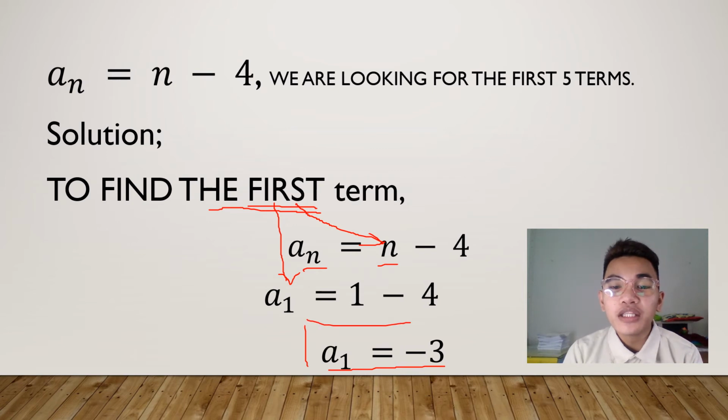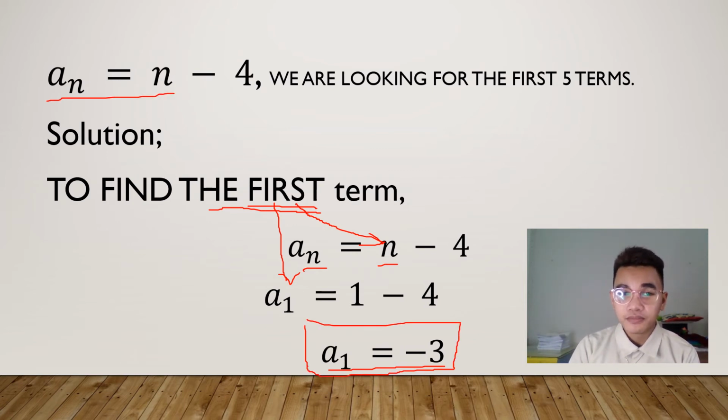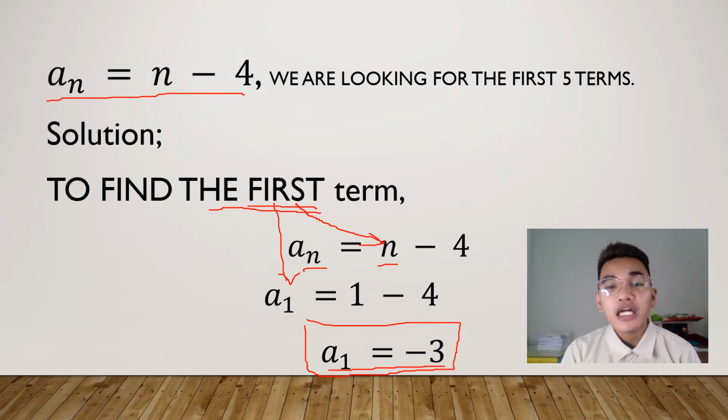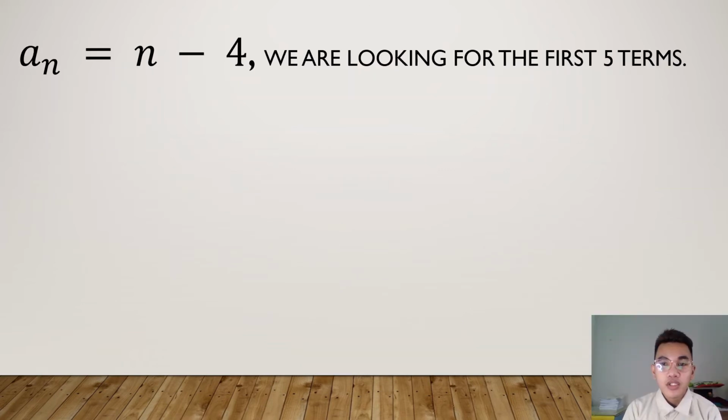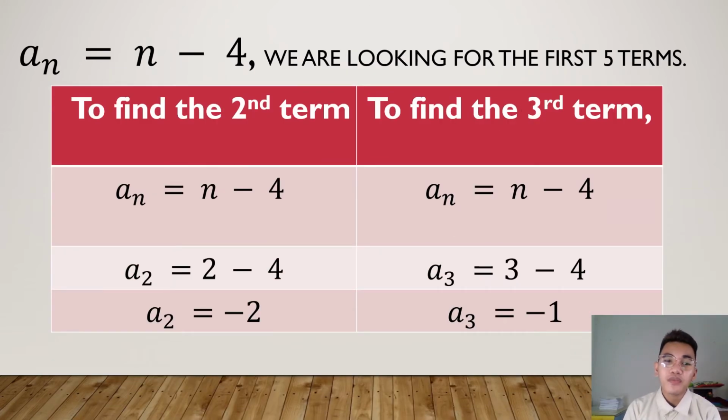This is the first term of the sequence using the formula. Notice the first term is negative 3. Now we are looking for the second term because our task is to look for the first 5 terms. To find the second term, you can use the formula again.